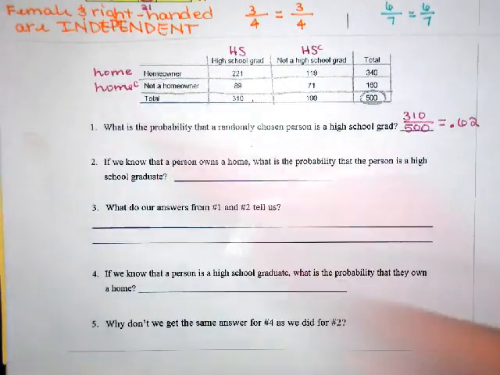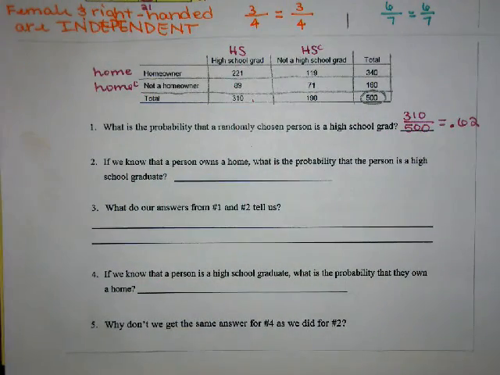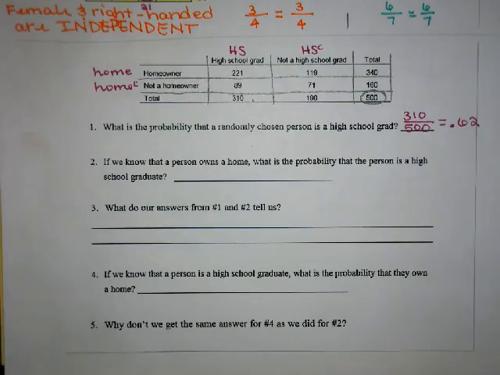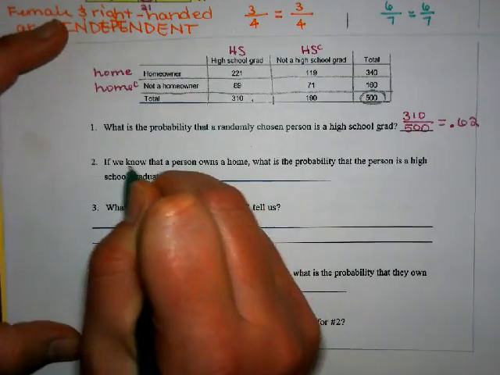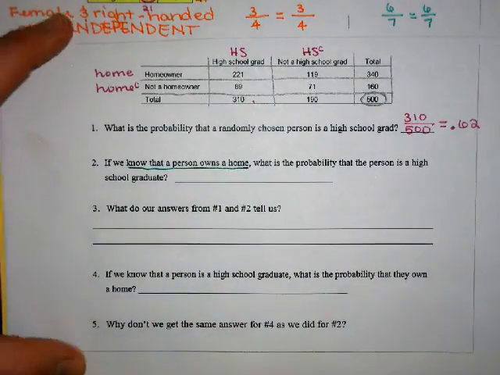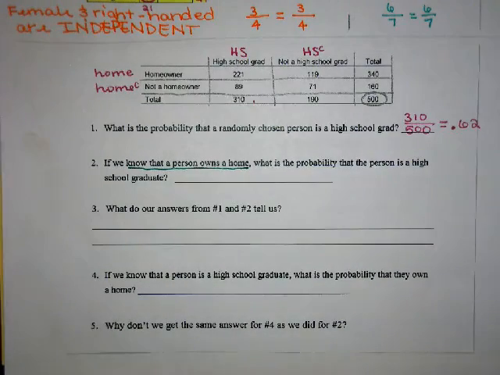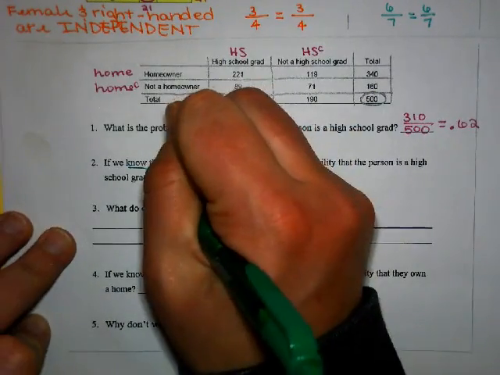So in question 2, it says if we know that a person owns a home. So we're given a condition here. They own their home. What's the probability the person is a high school graduate? So what's the probability they're a high school graduate given they own their home?